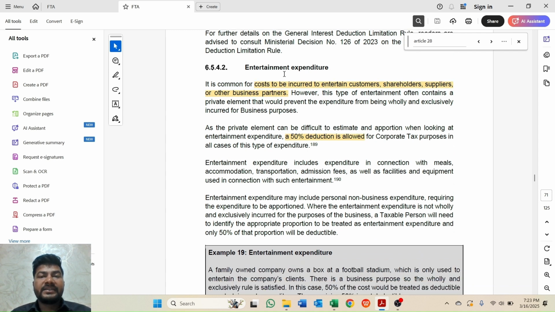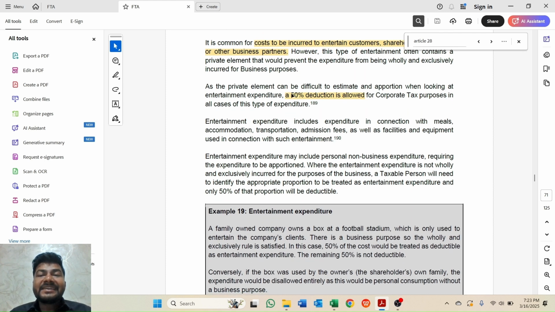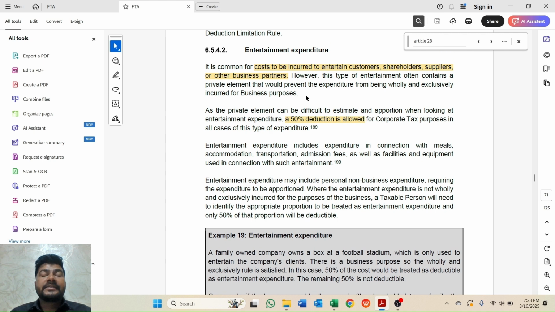There you can see entertainment expenditure. It is common for costs to be incurred to entertain customers, shareholders, suppliers, or other business partners. Look here, business partners are also mentioned. So this type of entertainment expenditure provided to customers, shareholders, suppliers, or other business partners is only allowed up to 50%.